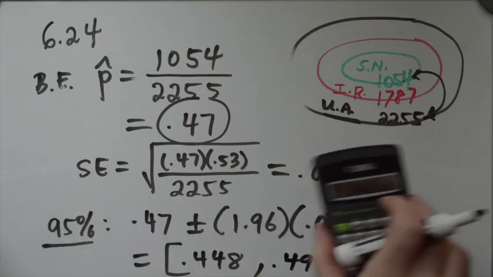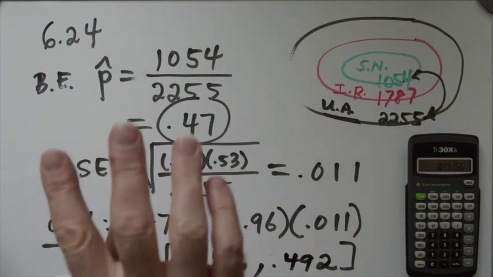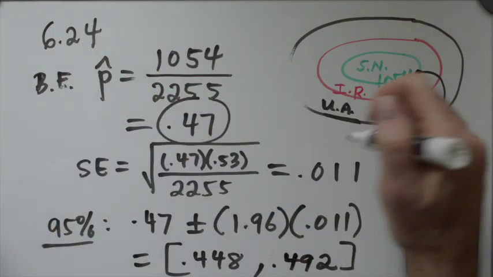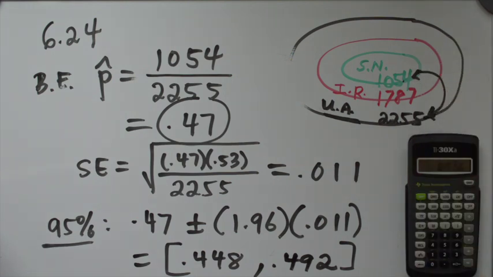So there's our 95% confidence interval. We are 95% confident that the true proportion of people that use social networking amongst the U.S. adults is captured by this interval, or is contained by this interval, or is covered by this interval.